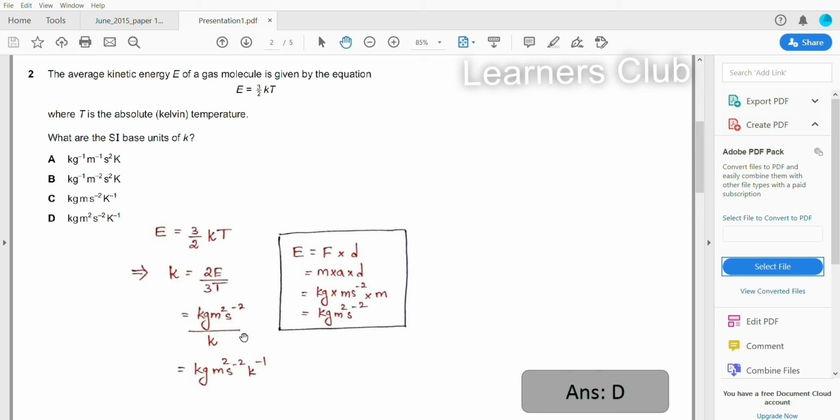When you simplify this, the term becomes kg meter square s to the power minus 2 K to the power minus 1. As you can check with these options, the answer is option D.